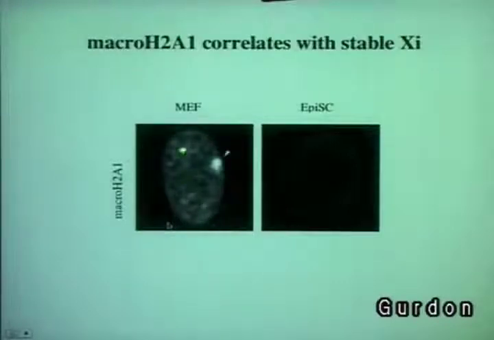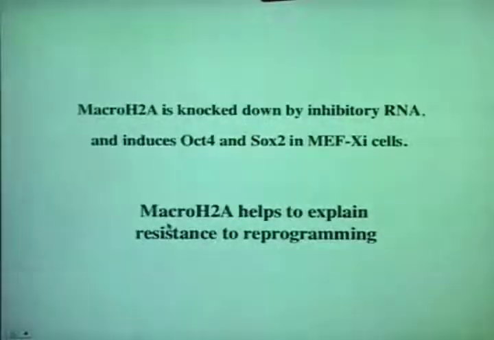For example, you can see in the non-reversible kind of mouse embryonic fibroblast, there is this mark, and in the epiblast type, this macroH2A is not there. So in conclusion, on this part, the macroH2A, by the way, can be knocked down, it's a good experiment, by inhibitory RNA, and when you do knock it down, you actually induce OCT4 and SOX2 genes in these adult MEF inactive X cells.